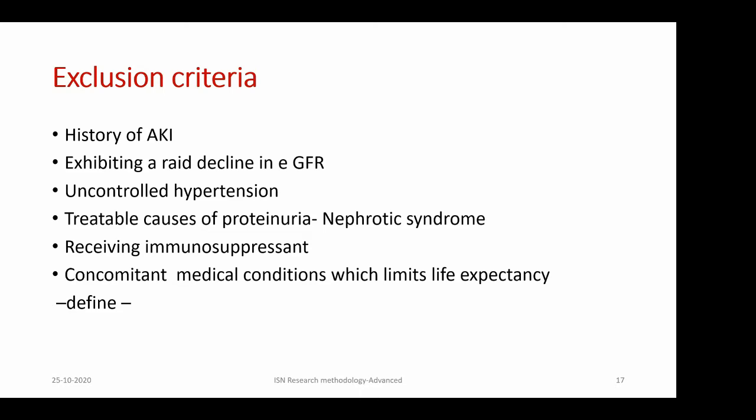So people with a recent history of acute kidney injury should be excluded. And again, if you see this exclusion criteria, I have written it in a little bit ambiguous way. And this is not the way an exclusion criteria should be written. And in a randomized controlled trial, you should not leave any scope for guesswork. So whatever you want to recruit or not recruit, you need to note it down very clearly.